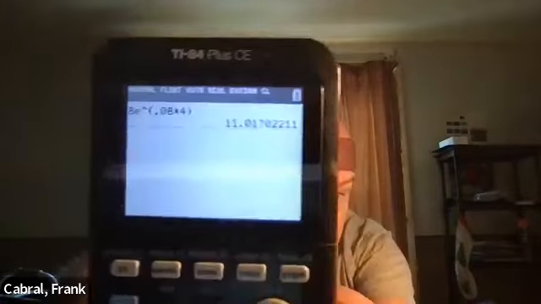I'm going to use, of course, the 8 times e to the 0.08 times t, which in this case is 4 hours. So I'm going to get 8 times e to the 0.08 times 4. And I get approximately that.